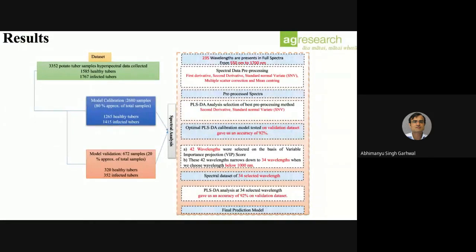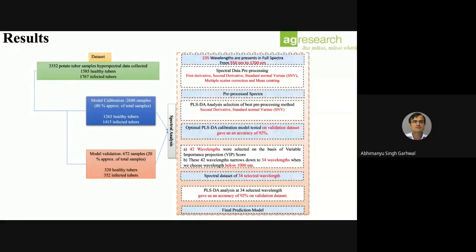After that, with the pre-processed spectra, we did analysis using PLSDA, and we tried different combinations. From those combinations, we can see that it gives an accuracy of 92%.